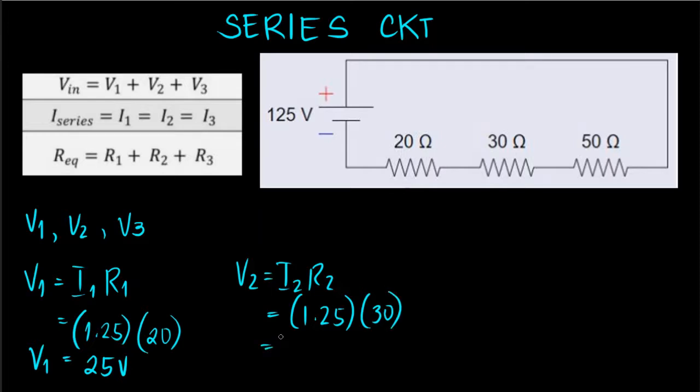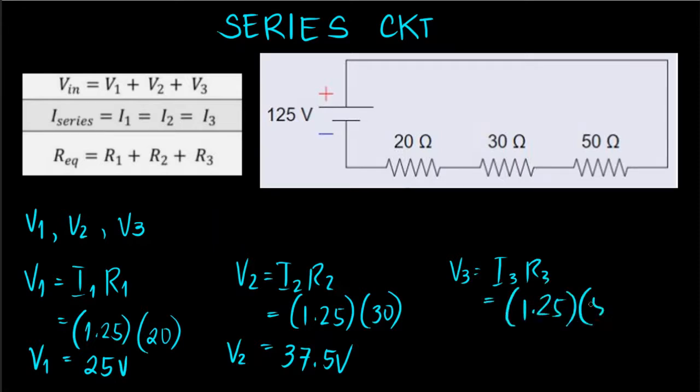So 1.25 times 30 is equal to 37.5 volts. This is our V2. And V3 is equal to I3 times R3. I3 is also 1.25, and R3 is 50. So 1.25 times 50 is equal to 62.5 volts.